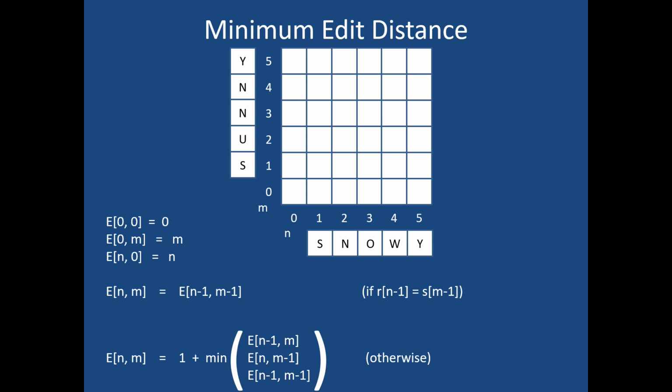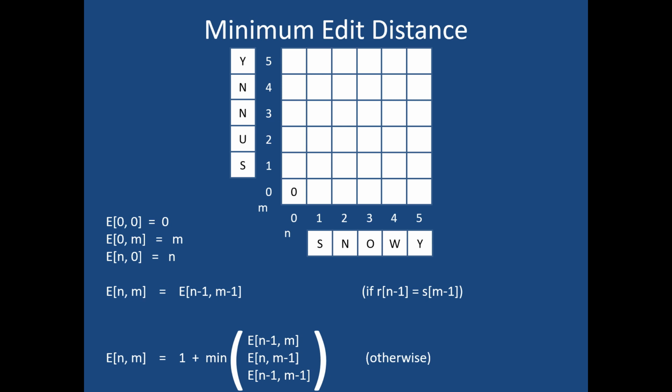So you can view this in two ways. You can view this as the skeleton of a recursive function, where E is the function and here are some recursive calls. Or you can view it as rules for filling in an array, where this array element depends on these array elements. And either way is fine. Then we went through the process of systematically filling out this array.